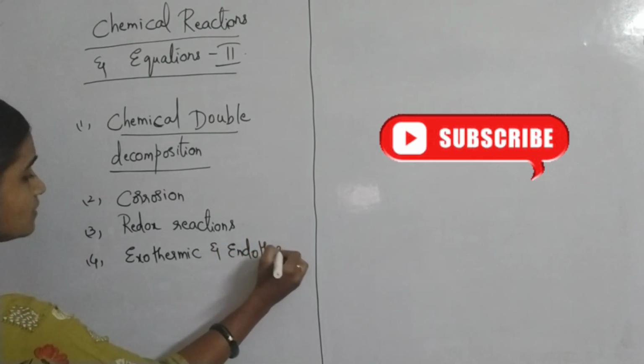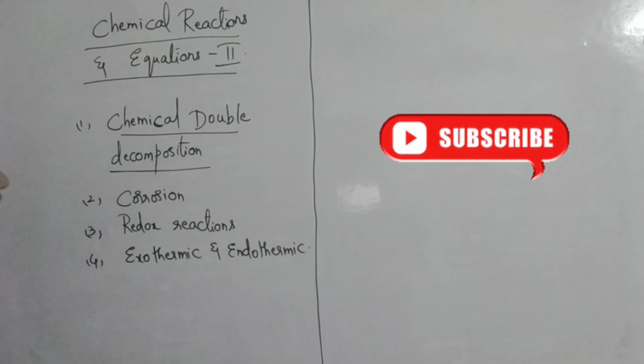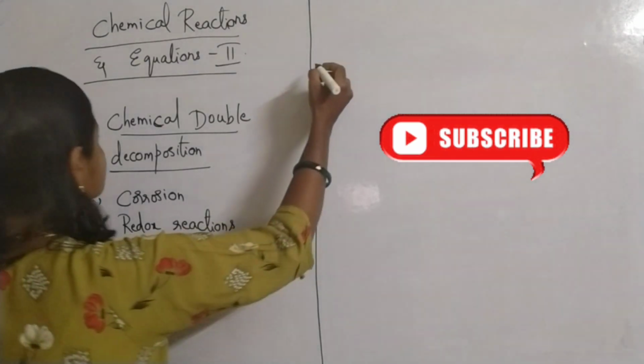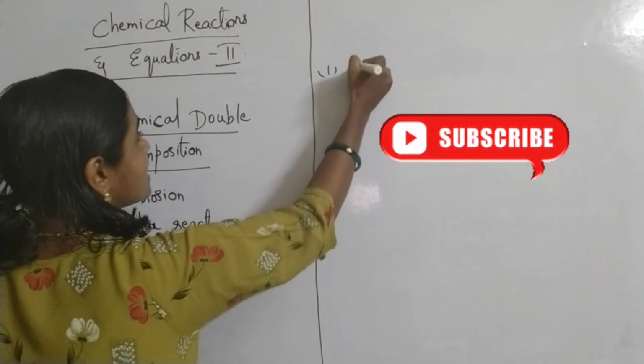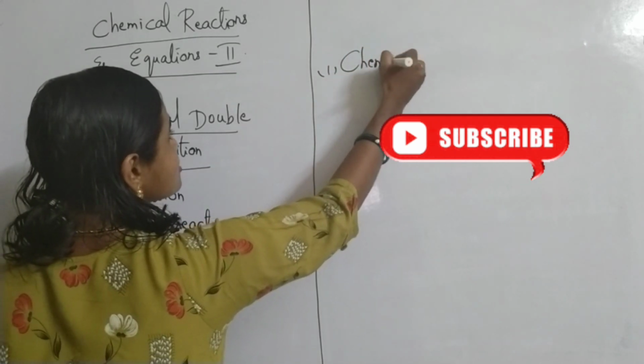With this we will complete the types of chemical changes, or types of chemical reactions. Let us move on to the first one, chemical double decomposition reactions.